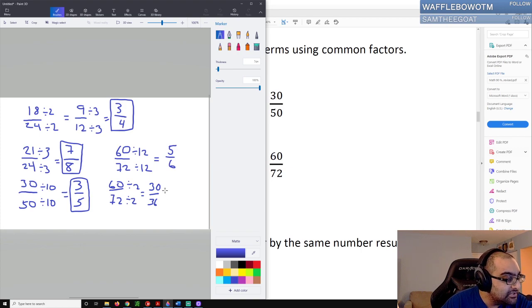Then you could divide by 3 or 6. Let's go with another 2 because they're both even. You can keep going if you like. So this would be 15 over 18. Then you could divide each one by 3, and you'd still end up at your final answer of 5 over 6. So if it takes you multiple steps to get down to 5 over 6 as opposed to one step, you can do that as well.